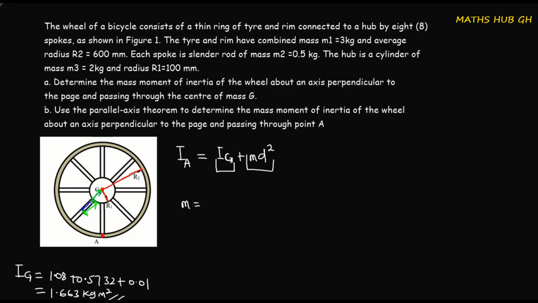So let's look at how you are going to calculate that. We know the mass of the rim and the tire combined to be 3 kilograms, and the mass of one spoke to be 0.5, and there are 8, so we are going to have 8 multiplying 0.5, plus the mass of the hub, which is 2 kilograms. So we're going to have 3 plus 8 multiplying 0.5 plus 2.